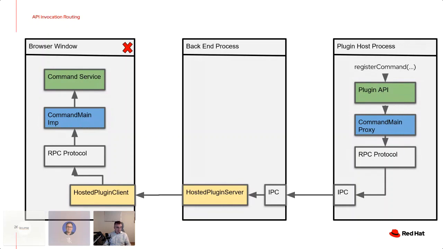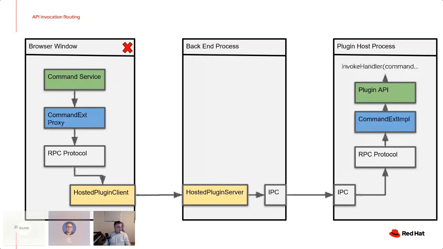And ultimately, something on the command service is invoked, right? So this is one way, but of course, it also works the other way, where the command service, for example, wants to invoke a command handler and sends the whole thing down the chain, routes it over through the backend process, back up the chain, and calls invoke handler in the plugin code.